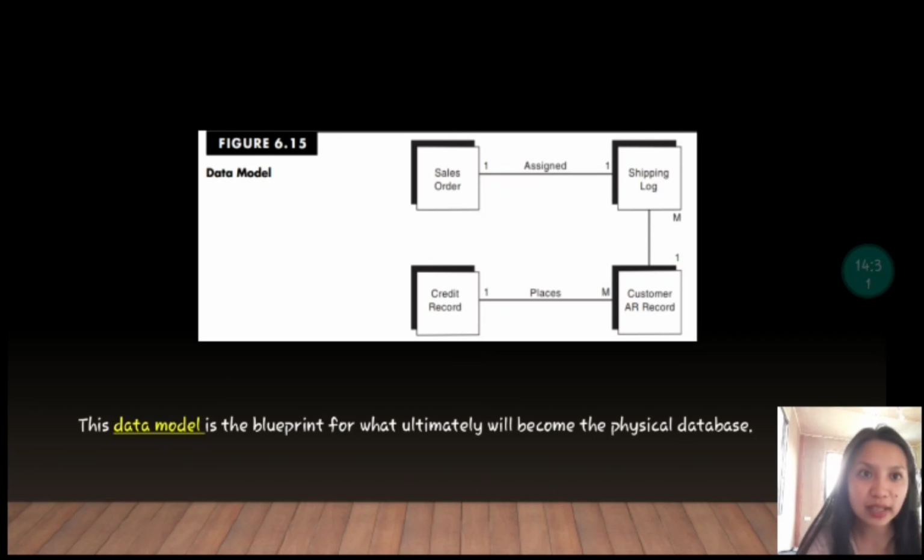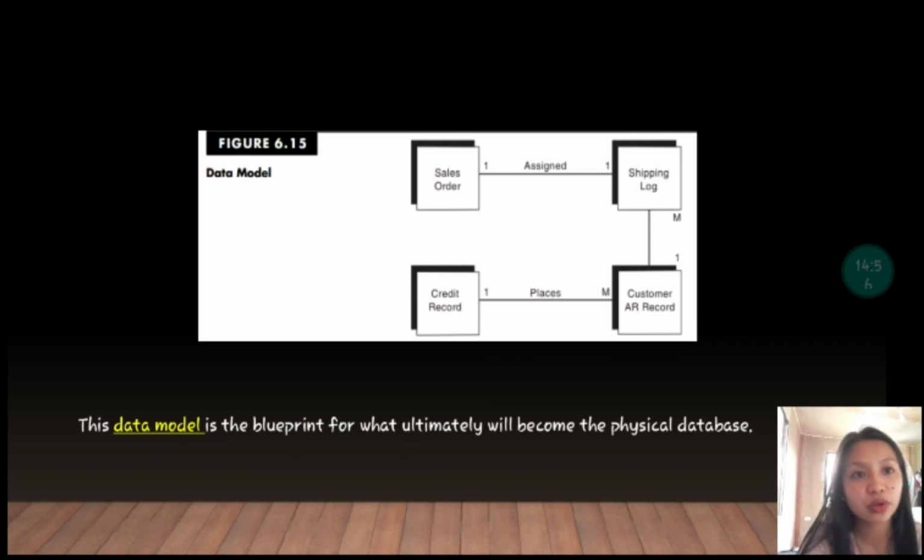The entities here are sales order, shipping log, credit record, and customer AR record. The nature of the relationship between sales order and shipping log is assigned. And for the credit record and customer AR record, they have places. The degree of relationship between sales order and shipping log is 1:1.